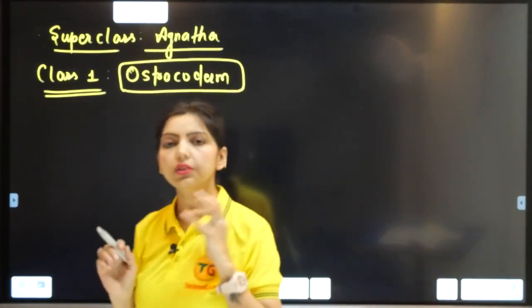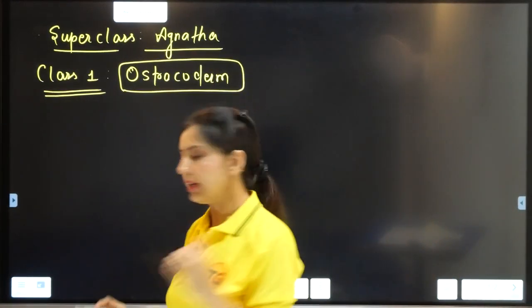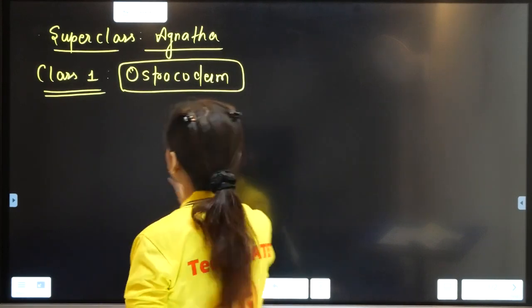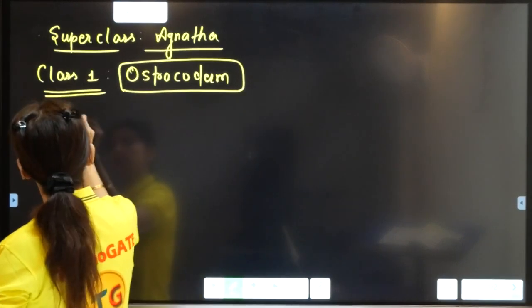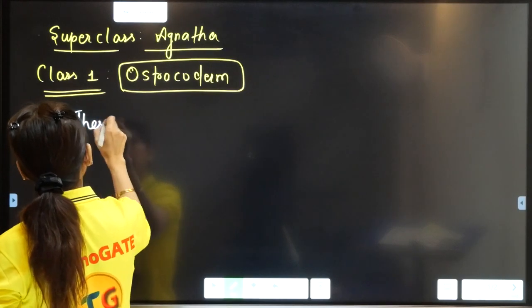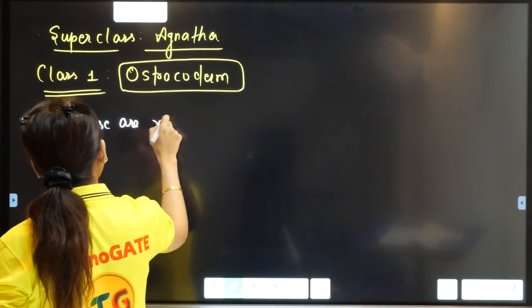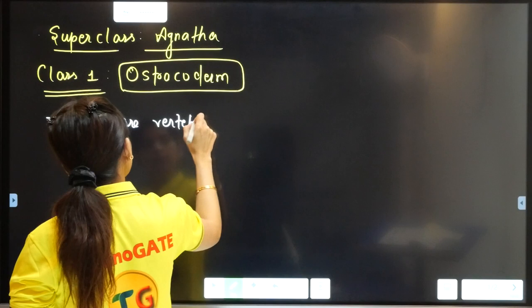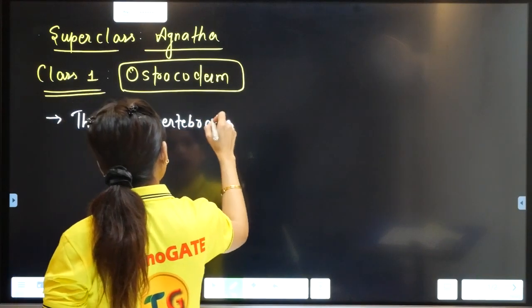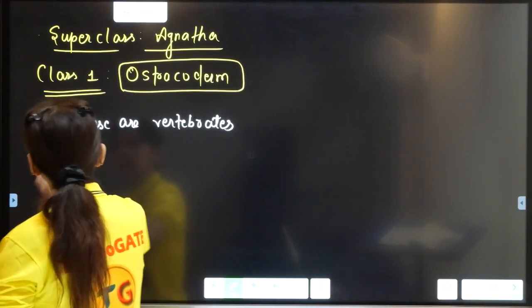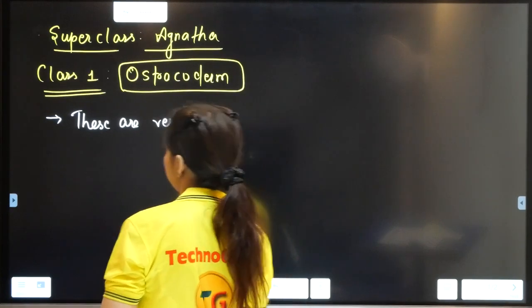So what are ostracoderms? Start writing the points, their characteristic features. These are vertebrates.